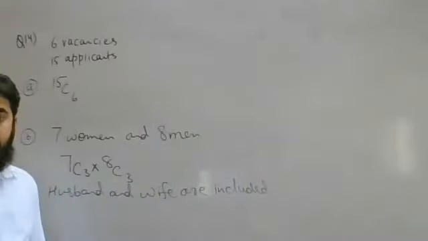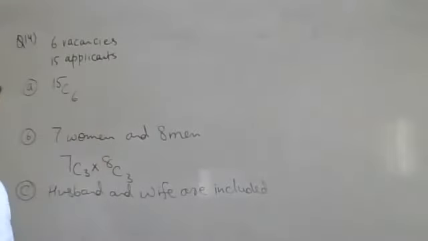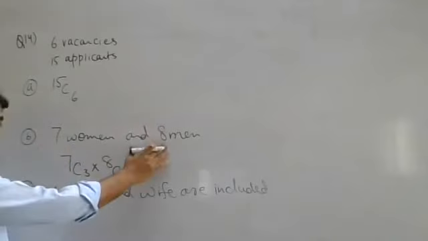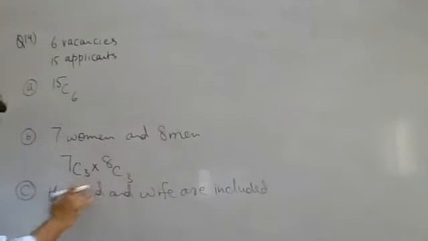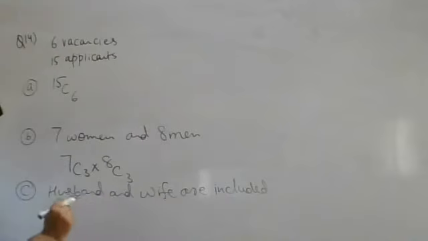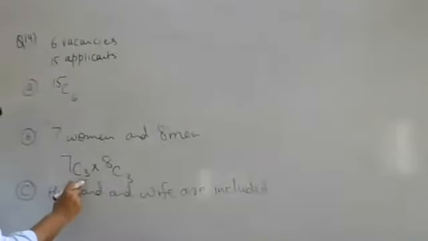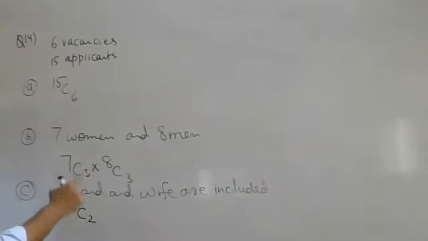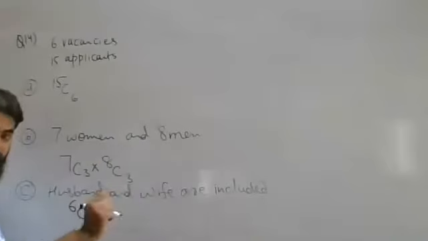So now when I'm going to go for C part, husband and wife are included. Then what will I do? Total 7 women, 8 men were there. 3 were to be selected from each, but already a husband and a wife are selected. So for women, out of 6, I am going to select any 2, because total 7 women were there, 3 were supposed to be selected, but 1 wife is already selected.